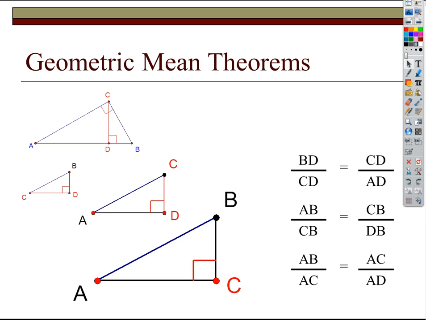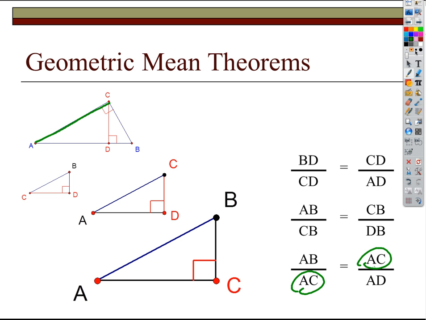Okay, so what about this one? This one's saying if we take the other leg, the longer leg, AC, the longer leg AC should be the geometric mean of what? Once again, the leg of the big right triangle is the geometric mean of what two things?